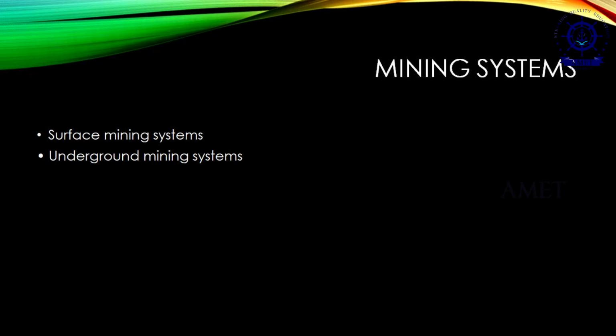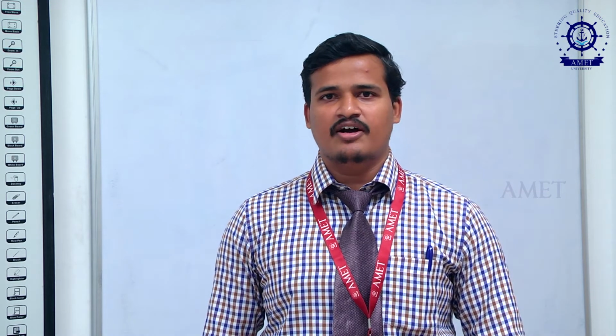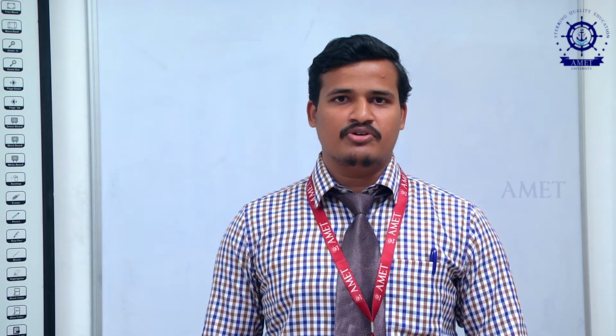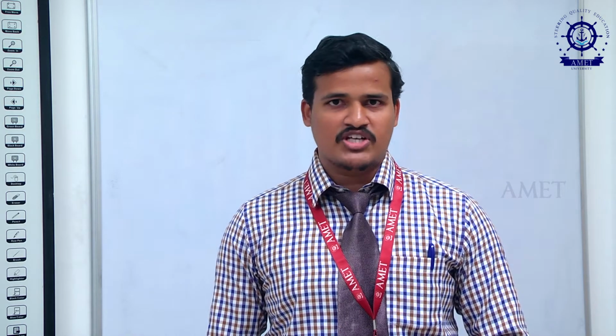So under the mining systems, as I already said, there are two main types of mining system, that is surface mining and underground mining. As I already mentioned, surface mining is mainly considered only when the mineral deposit is going to be found on the surface or in shallow deposits.